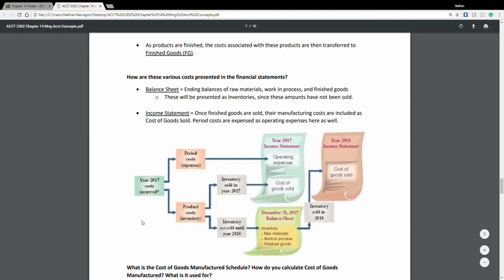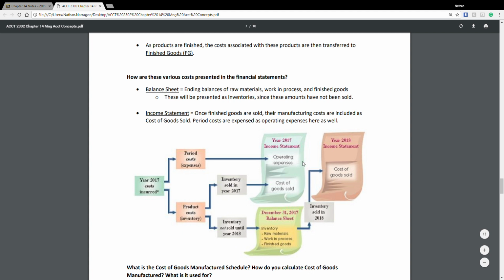So of course we got this cool little graphic. I like this graphic because it starts right here. Year 2017 cost incurred. Here's our period. Here's our product. Product gets separated into inventory sold in 2017, and inventory not sold until year 2018.